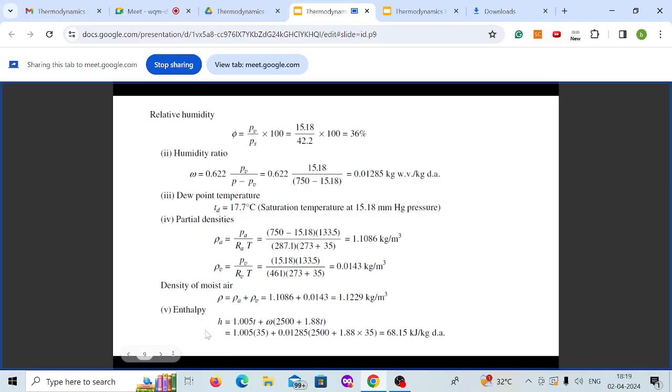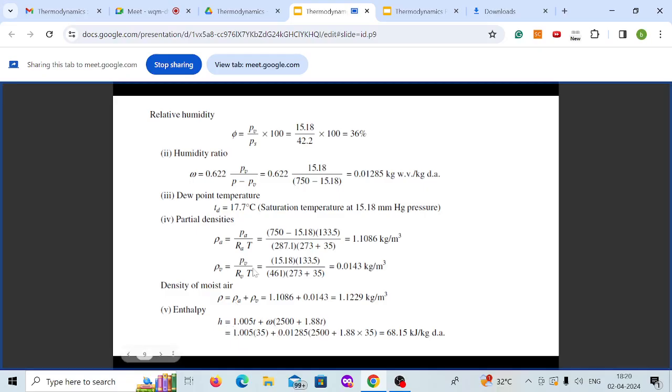Then enthalpy is your Cp into temperature. If you take 0 as your datum, you are heating the air to some temperature. So Cp into the temperature difference, plus omega, which is the amount of water vapor present in 1 kg of dry air, into your latent heat of water vapor, plus your Cp of water vapor into temperature.